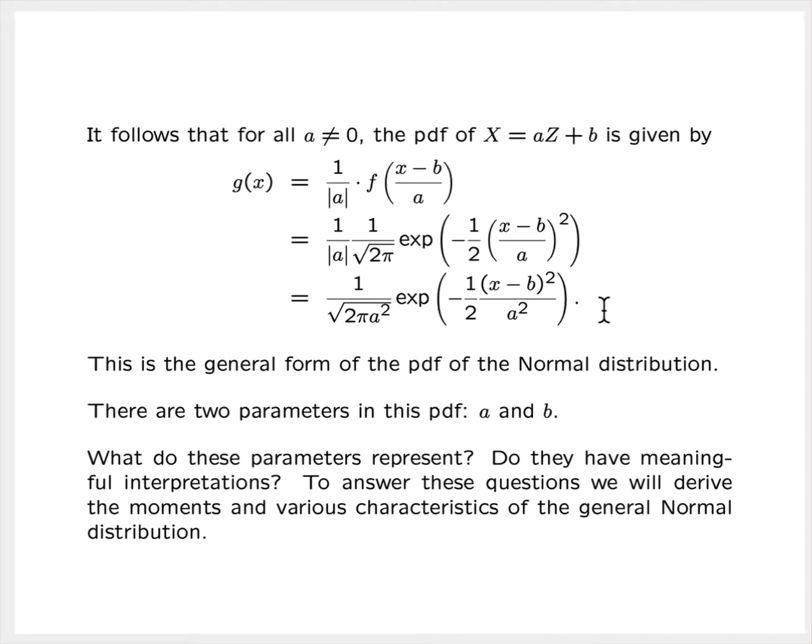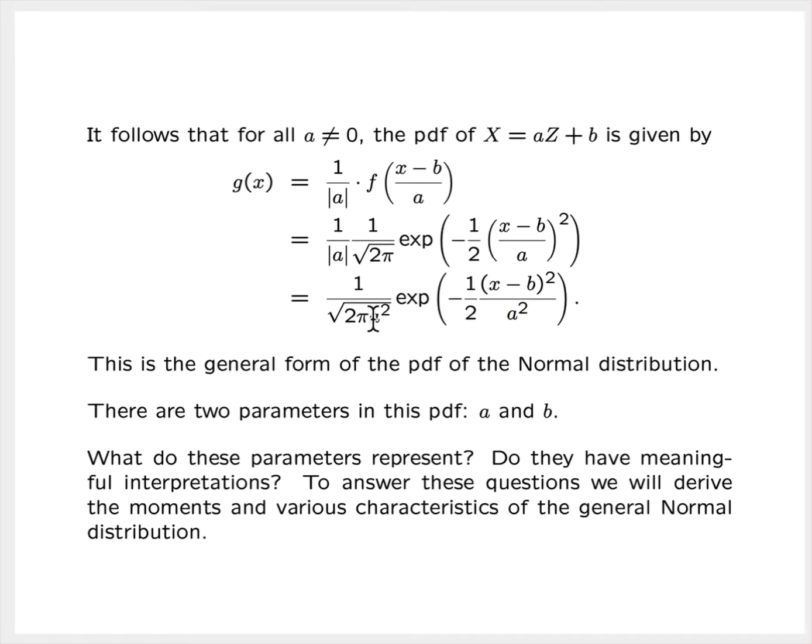You'll notice that there are two parameters in this PDF. The parameters are the values or symbols in here other than x. X is the argument, the value at which we are evaluating the PDF. But there are some other constants here that we need to make note of, in particular a and b.